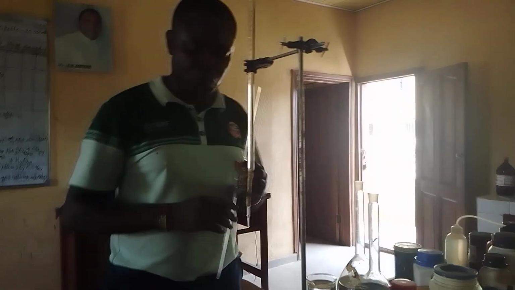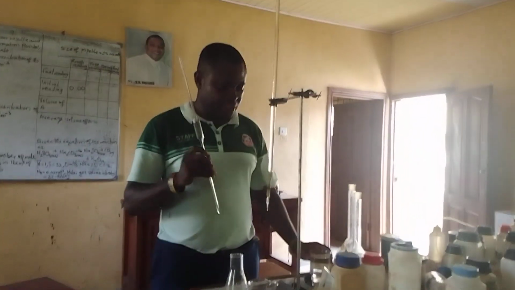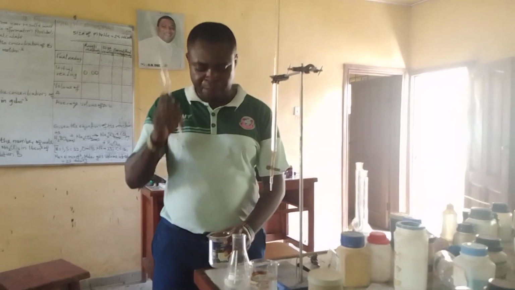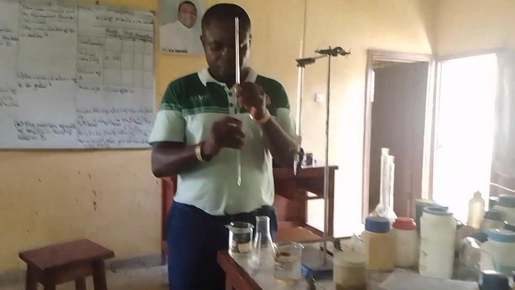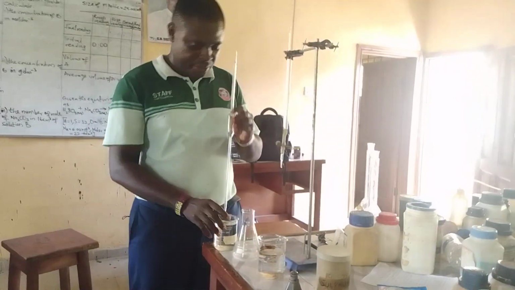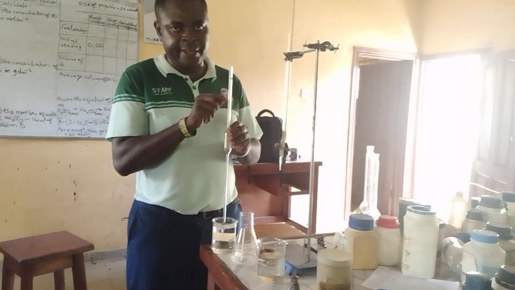What I will do, he said titrate against 25.0 cm³. So this is my pipette. Sorry, not burette, pipette. This is my B. I'm going to suck this B until it touches the ring here.